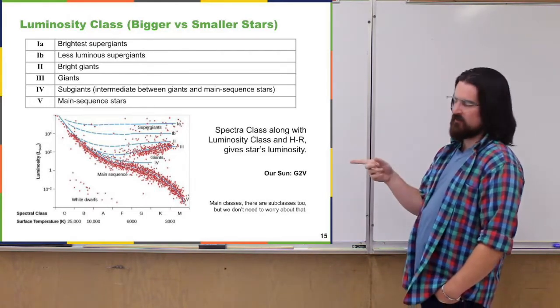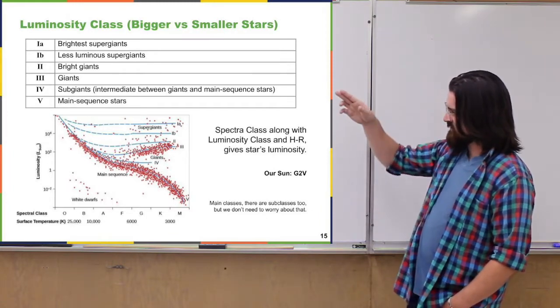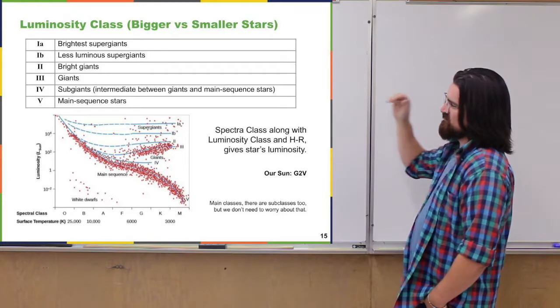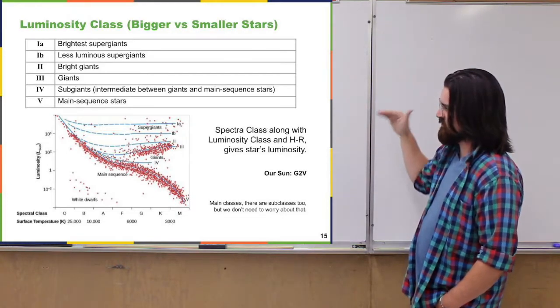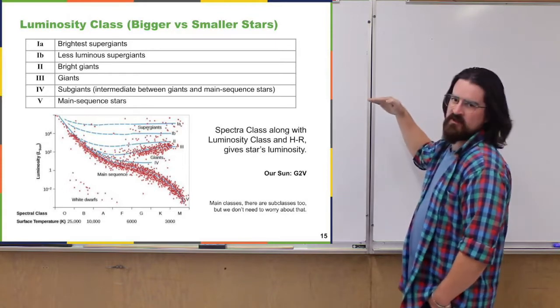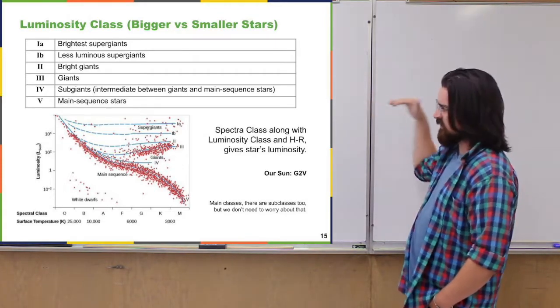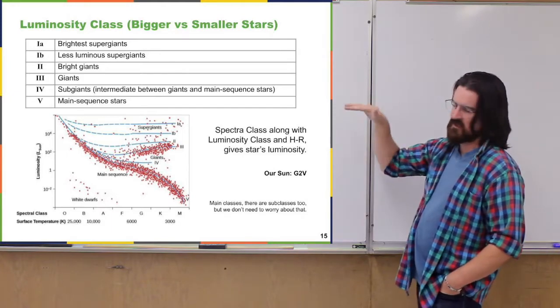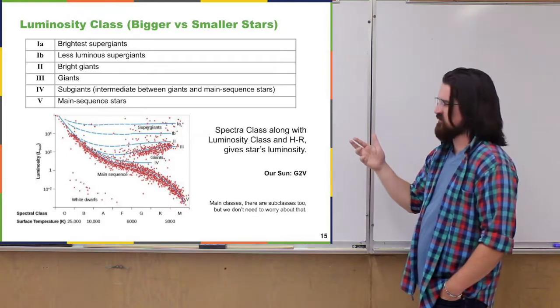So if we look at the HR diagram, this one has lines plotted where those luminosity classes fall. Right, so 1A, way up here, the highest luminosities that there are. Up here are stars 10 to the 5th times brighter than our sun, 100,000 times brighter than our sun.